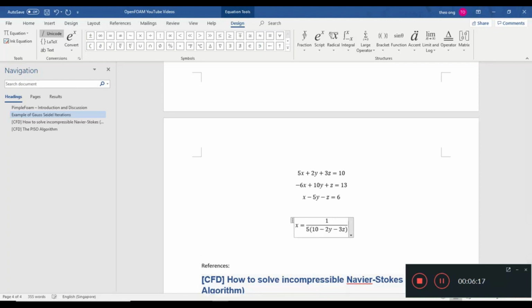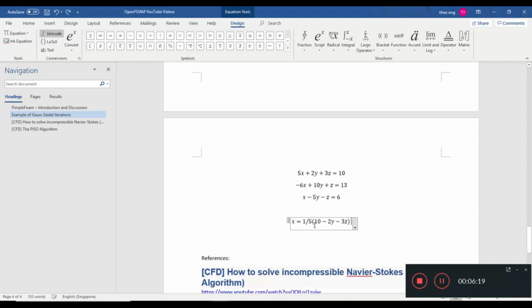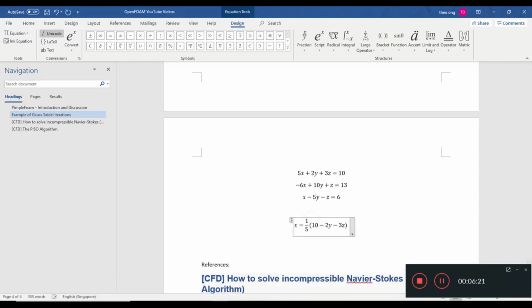I'm just bringing the 10 over and making x the subject.